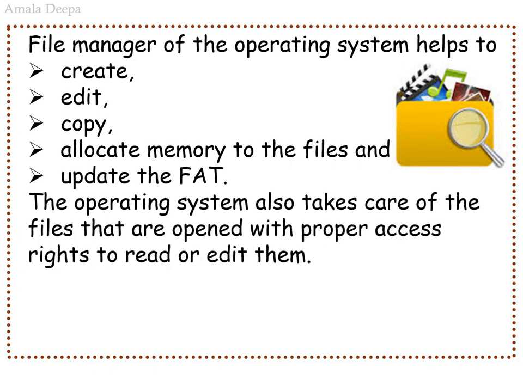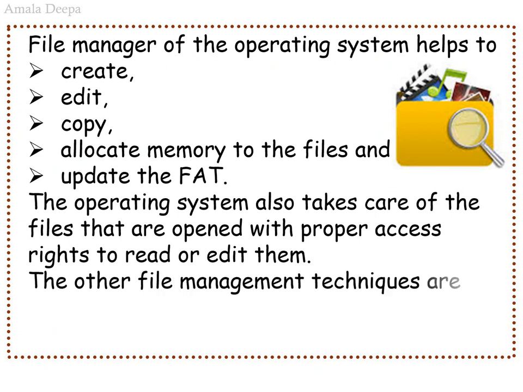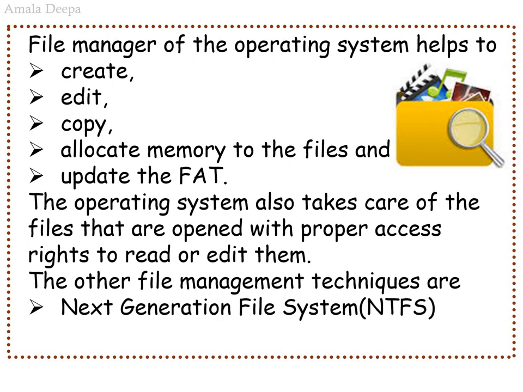The operating system also takes care of the files that are opened with proper access rights to read or edit them. The other file management techniques are Next Generation File System (NTFS) and ext2 of Linux.